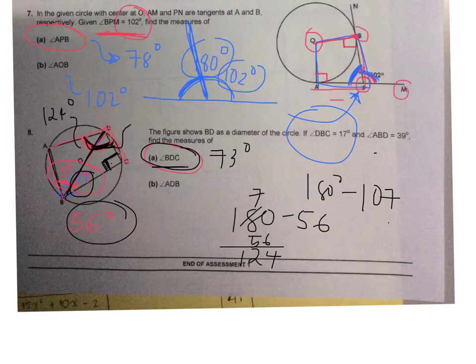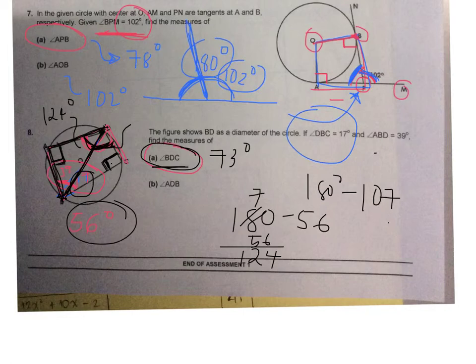Now on the other side, this is still the diameter, so this must be 90 from the properties of circles, that if the endpoints of the sides of the angle end at the endpoints of the diameter, then the measure of the angle is always 90.